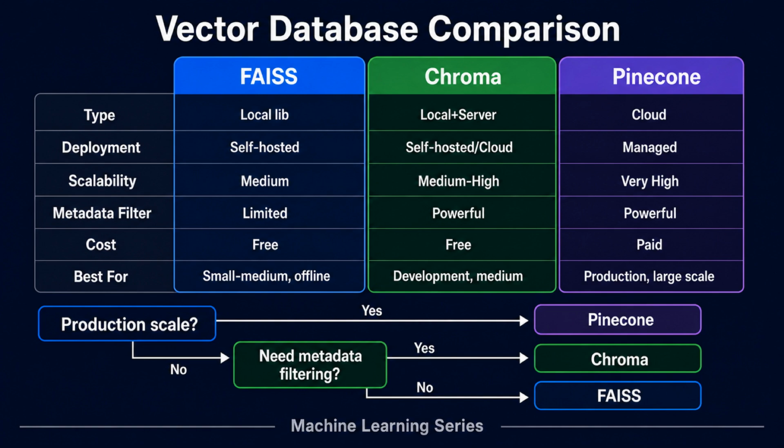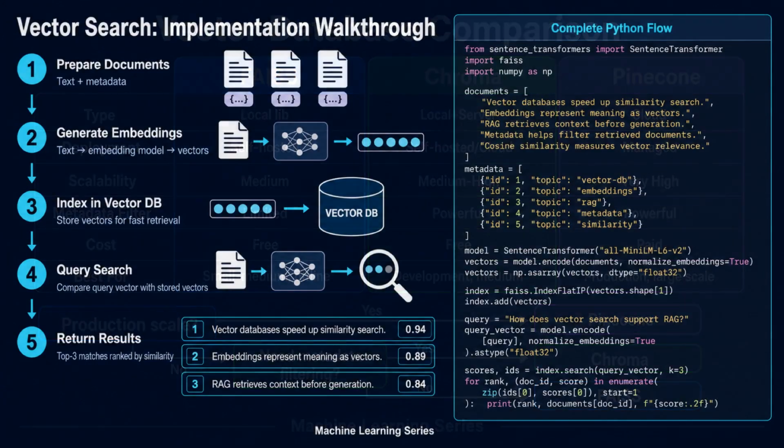Pinecone is a cloud service with the highest scalability and full management, but comes with API costs. Choose FAISS for prototypes and offline use, ChromaDB for development and metadata-heavy applications, and Pinecone for production systems requiring scale and reliability. Let me walk you through implementing similarity search.